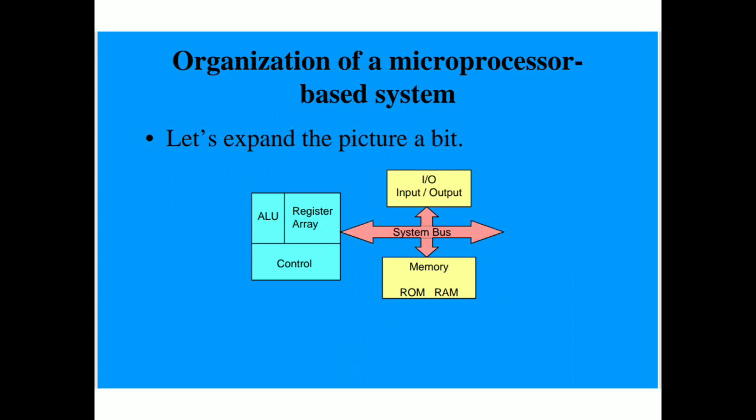Then the registers. Here registers include accumulator, general purpose registers and special purpose registers. The accumulator is a register which contains one of the operands of an instruction to be executed. It also stores the result after the execution of an arithmetic and logic instruction.